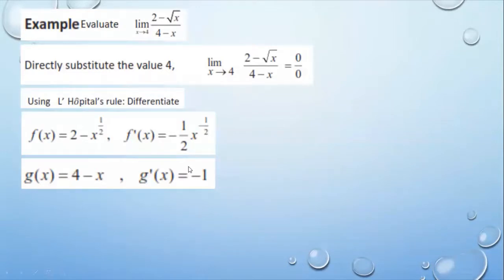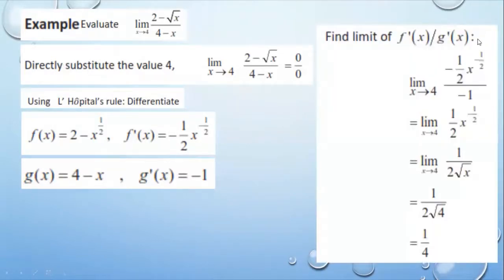So what you'll do, you'll be using these two, f dash of x and g dash of x. F dash of x will be in the numerator, g dash of x will be in the denominator. See, it is done here. Now limit x approaches 4. The numerator has this part, f dash of x, and the denominator is negative 1.